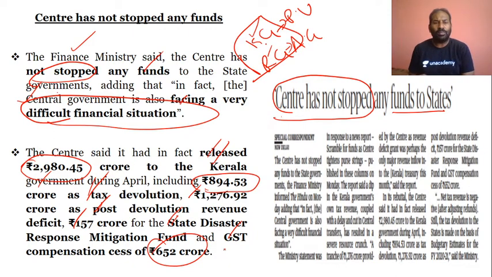Altogether 2,980.45 crores. So the state's financial condition was, and again when it is brought to the notice of the government, then it is also made very clear that the center says that we are going ahead.